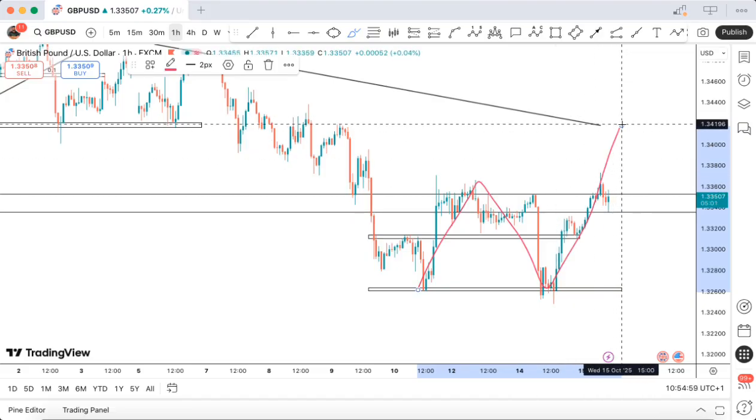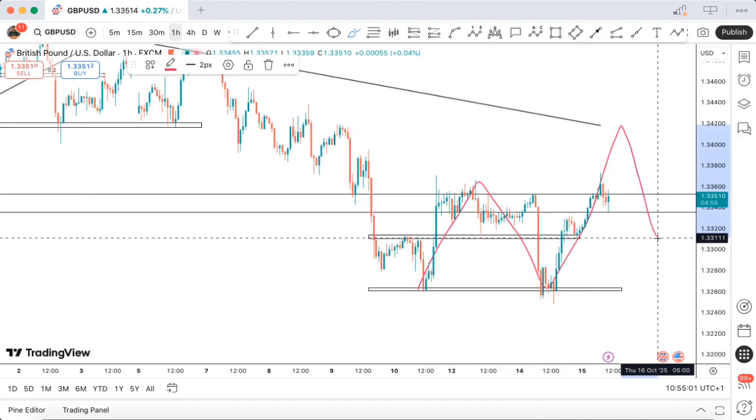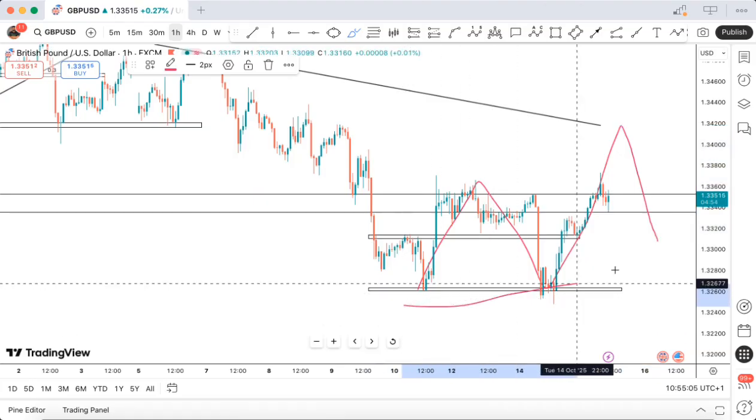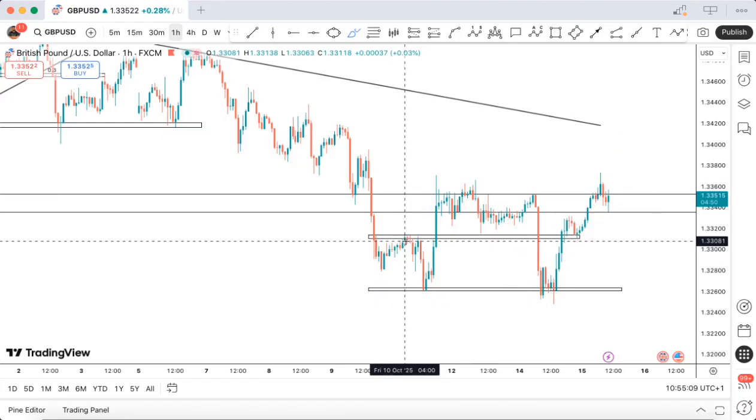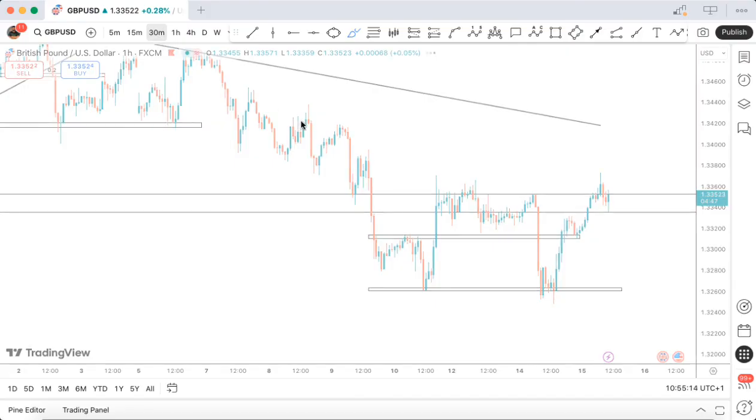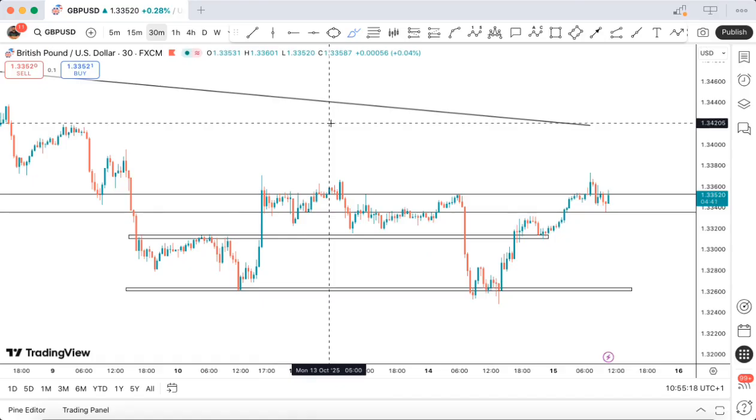Then we are going to have another bullish correction to the downside. But everything you're seeing within this movement to the upside is all correction.